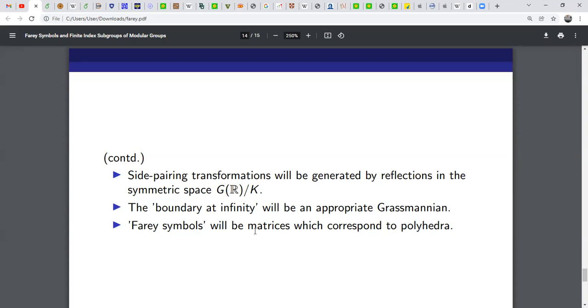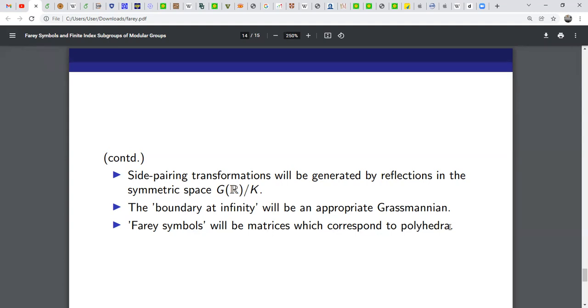And Farey symbols will be matrices which correspond to the polyhedra. Some remarks are in order here. Farey symbols will be matrices. The reason is that not just 2 points are being considered, unlike in the case of the modular group, but the polyhedra are higher dimensional.